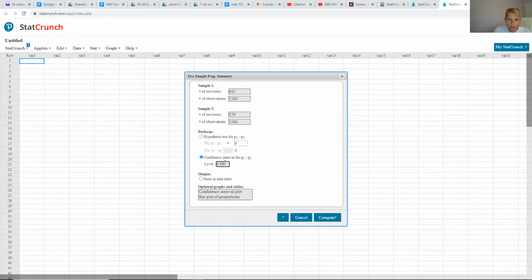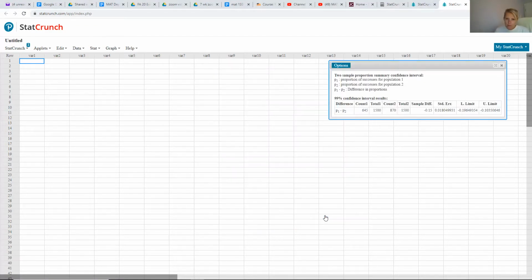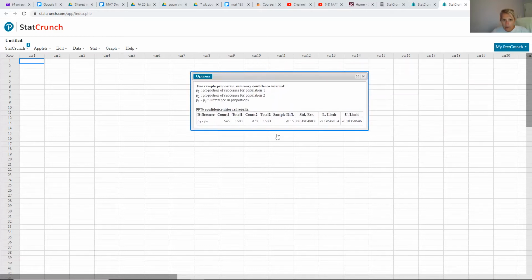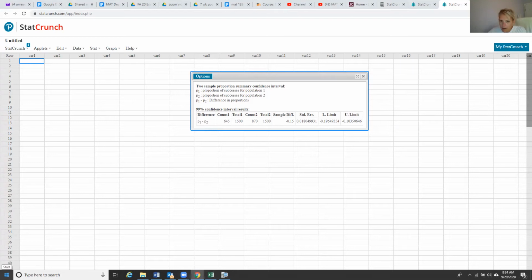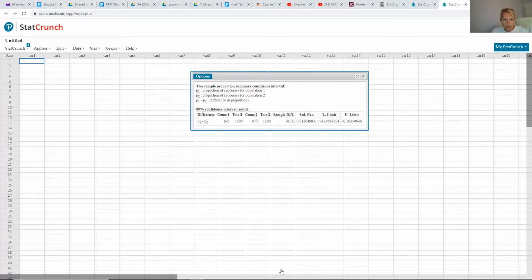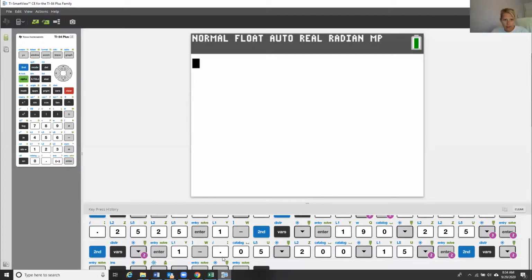So 0.99, and hit compute. And there we have it. This is so nice and simple. So there's our lower limit of negative 0.1965 and our upper limit of negative 0.1035.